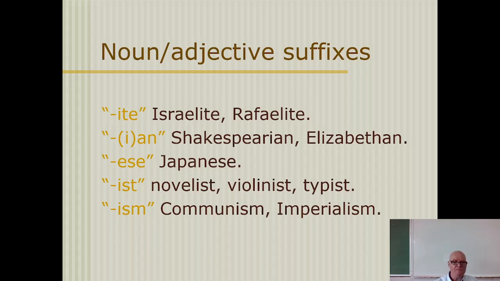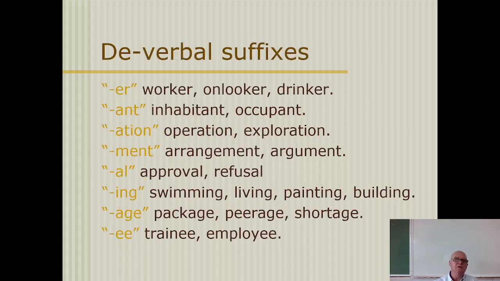Yeah? The next, D-E, verbal suffixes. So here we have many options. ER, worker. Onlooker. Onlooker means someone who is paying attention to something that is happening at that moment. Drinker.